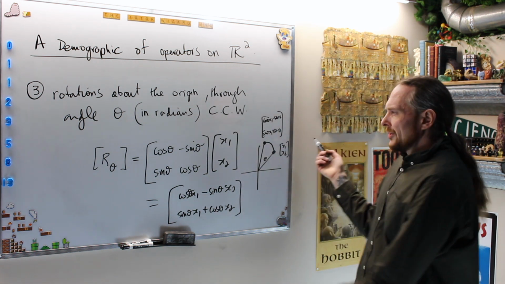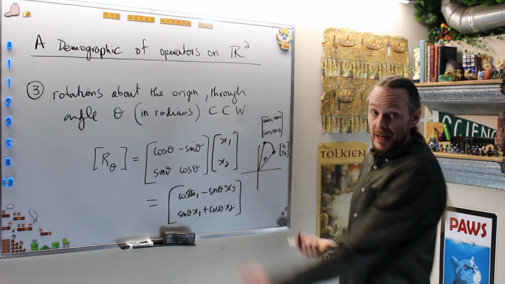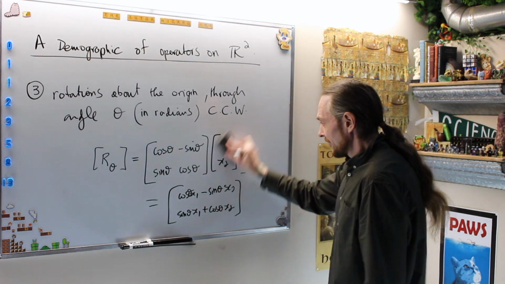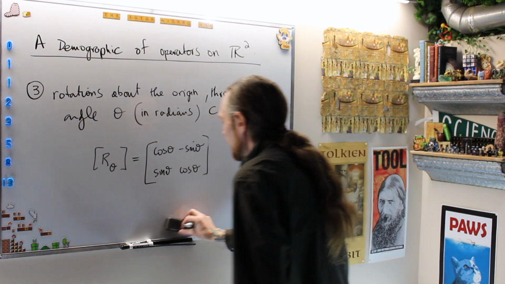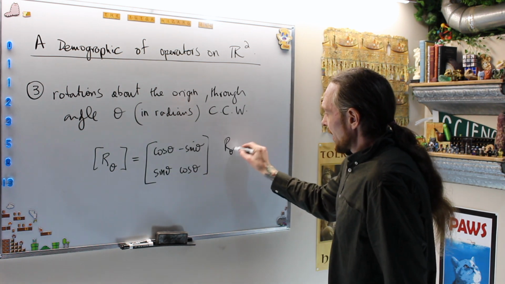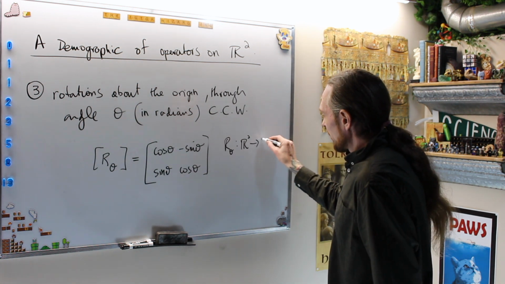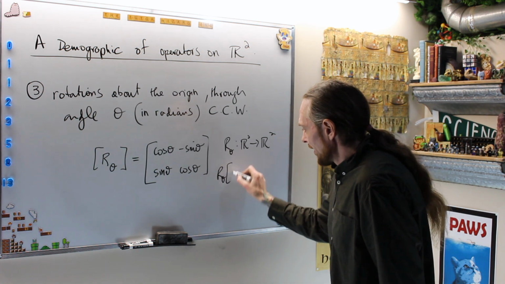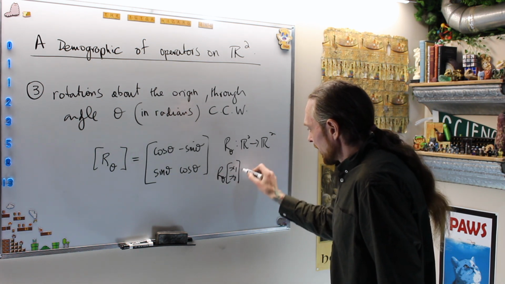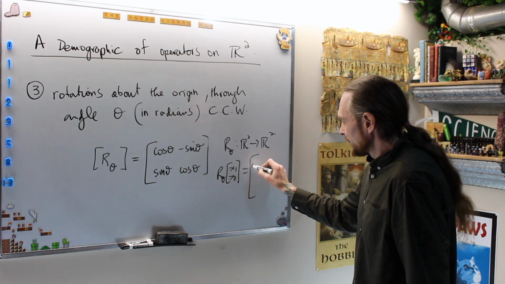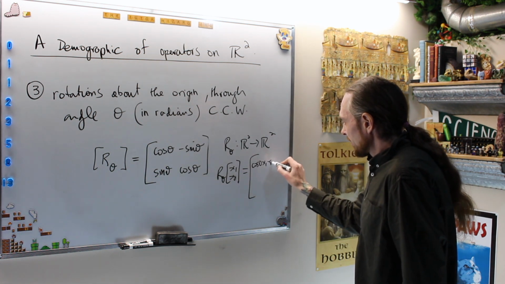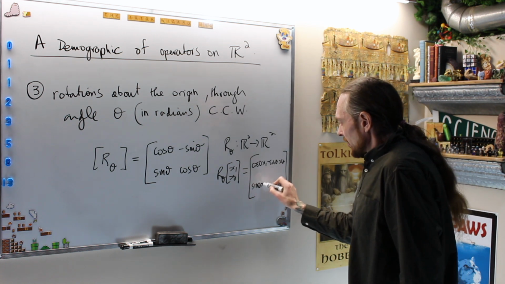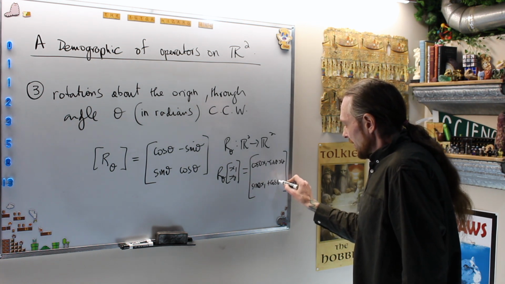And you're like, how would you do that? You reverse engineer and you get the standard matrix from this. Either way, all of that you can ignore, I guess. Fast forward a bit. All you need to know is rotation through angle theta from R2 to R2 is defined algebraically as R theta of x1, x2 equals cos theta x1 minus sine theta x2, sine theta x1 plus cos theta x2.